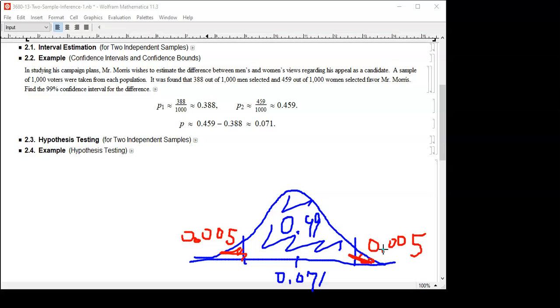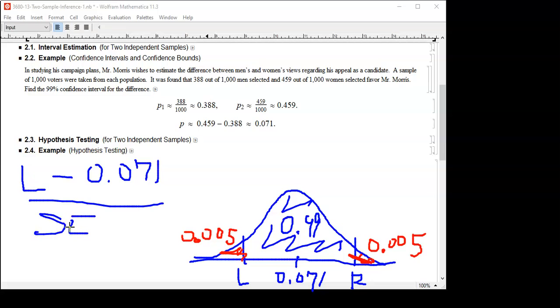It's really difficult to draw these numbers with a mouse. I'm not writing, I'm drawing. That's why everything is lousy here. And then, of course, we can use the usual technique to find the endpoints of these intervals. Let's say this is the left-hand side and that's the right-hand side endpoint. End minus center over SE. So, for example, if I want left, L minus center over SE.